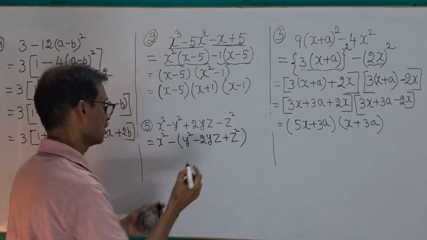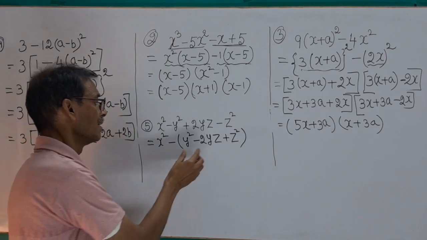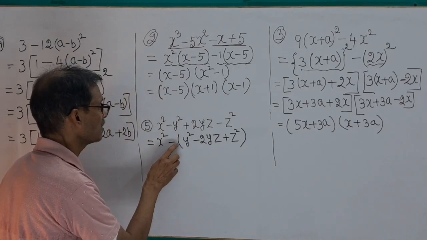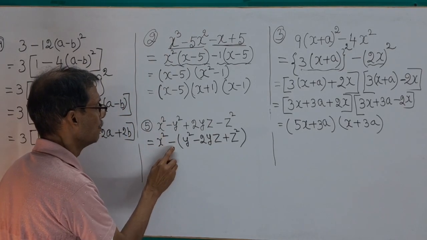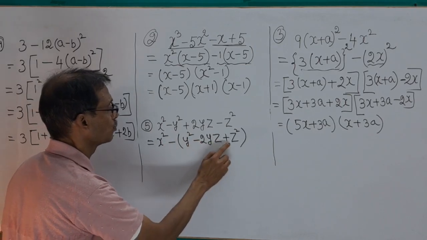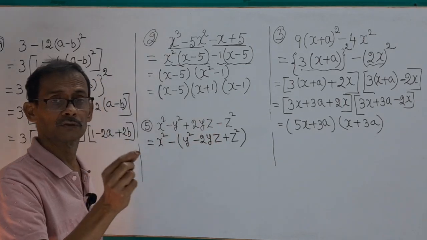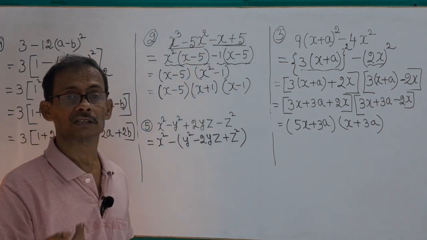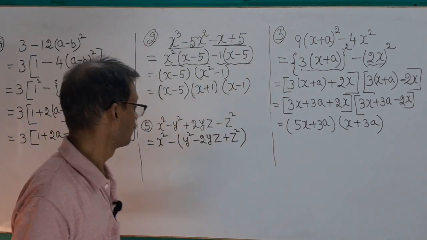I hope you understood why the signs get changed, because minus into plus is minus, minus into minus is plus, and again minus into plus is minus. So when you are taking minus as a common, then inside the bracket all the terms' signs will change.